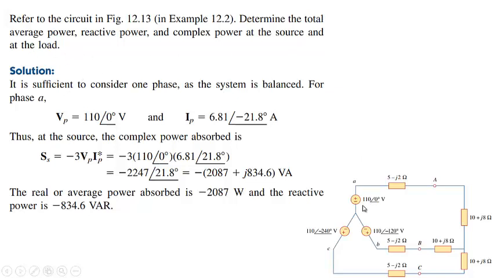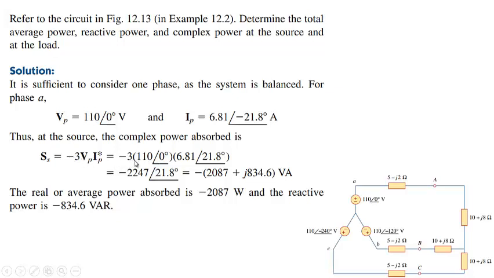So we have already calculated the value of IA from the previous numerical. So we'll calculate this. SS will be equal to minus 3 times VP IP star. This is actually absorbed, that's why here it is minus. Usually the source delivers the power, that means we need not have this minus over here. I will just tell you why it has taken this minus over here.